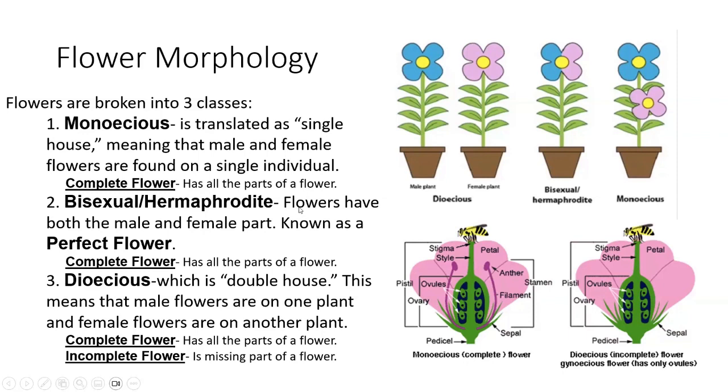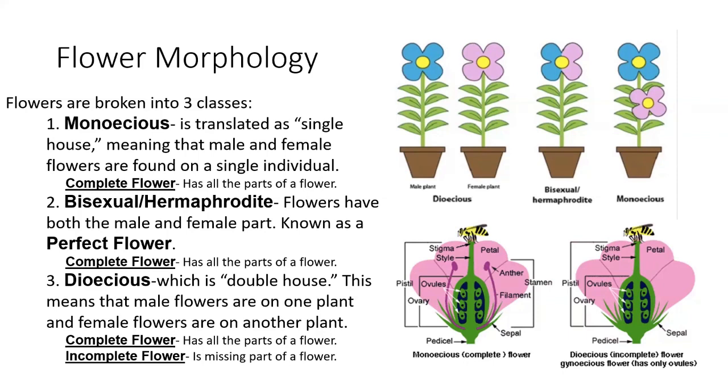Now, a complete flower. Again, this would be a great lab for you guys, looking at the different types of flowers. A complete flower has all the parts of the flower. So it's got the male flower part, the female flower part, the petals, everything. An incomplete flower is when it's actually missing a part of the flower.